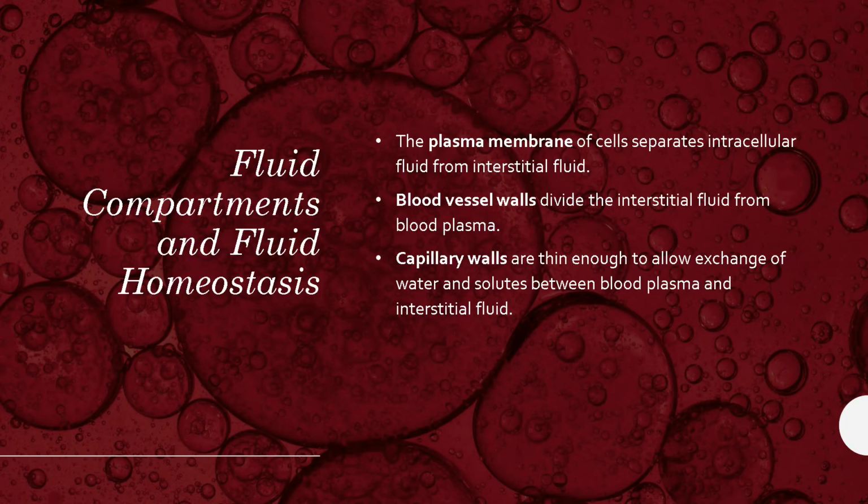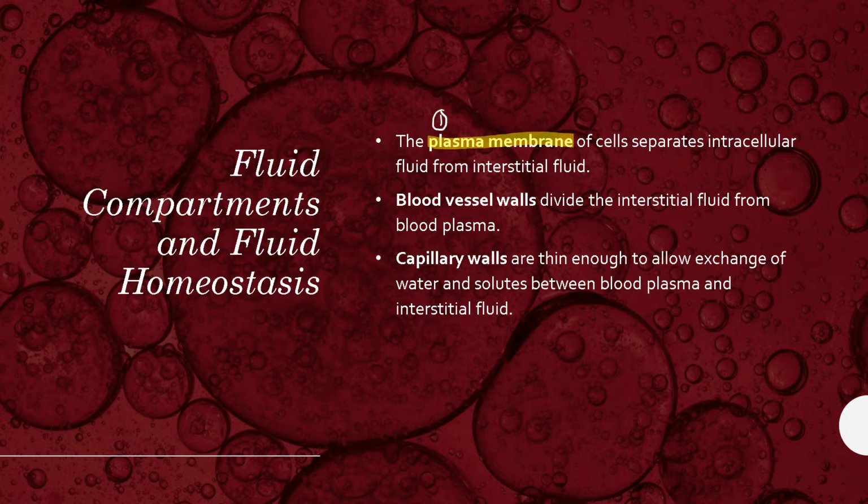Two general barriers separate intracellular fluid, interstitial fluid, and blood plasma. The first one, we're going to label, is the plasma membrane. That's our first barrier here. This is the plasma membrane of individual cells, and it separates intracellular fluid from the surrounding interstitial fluid.